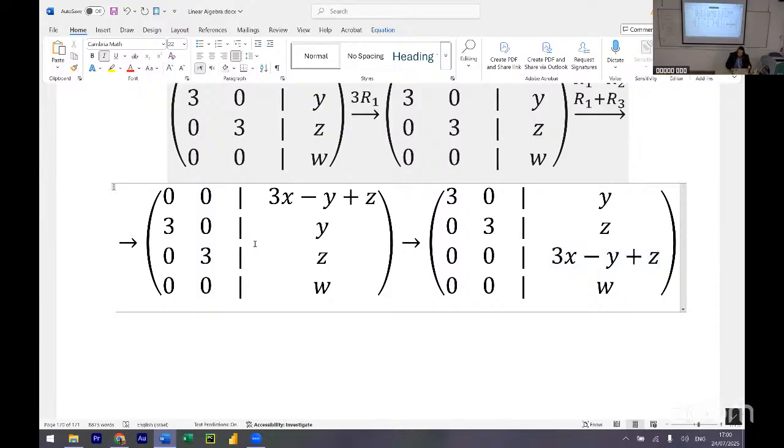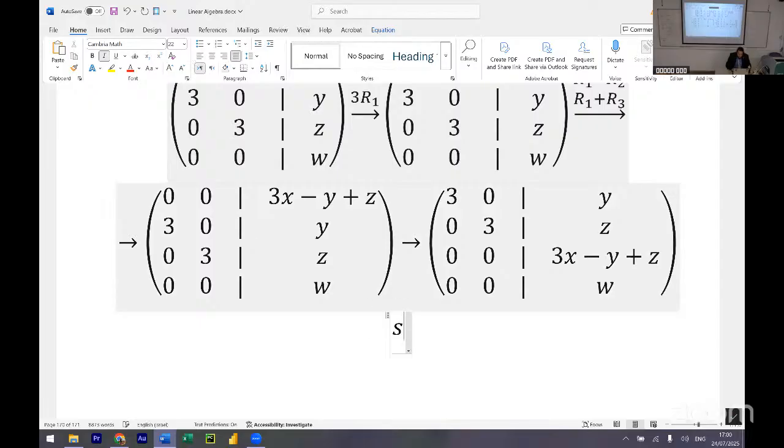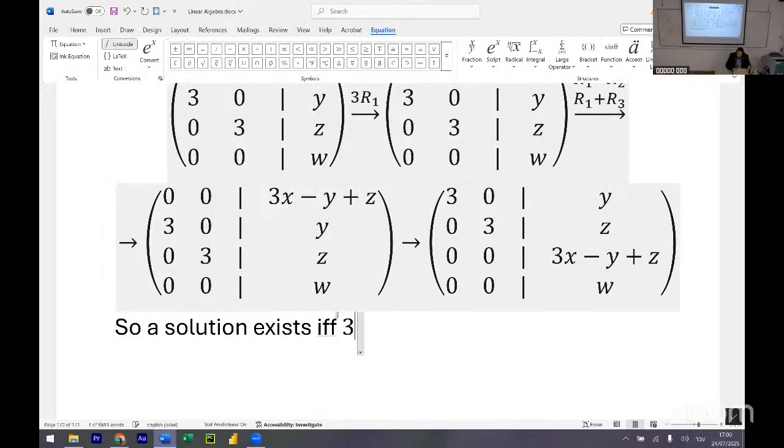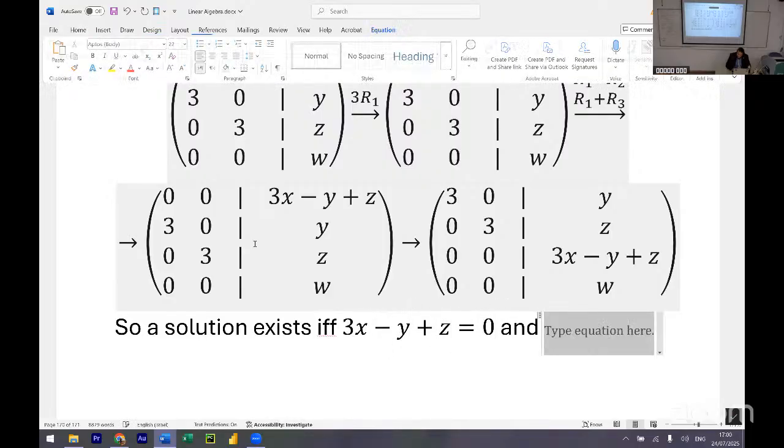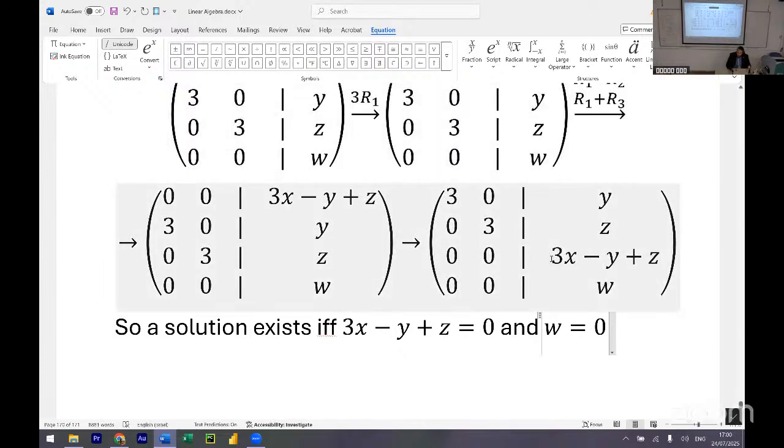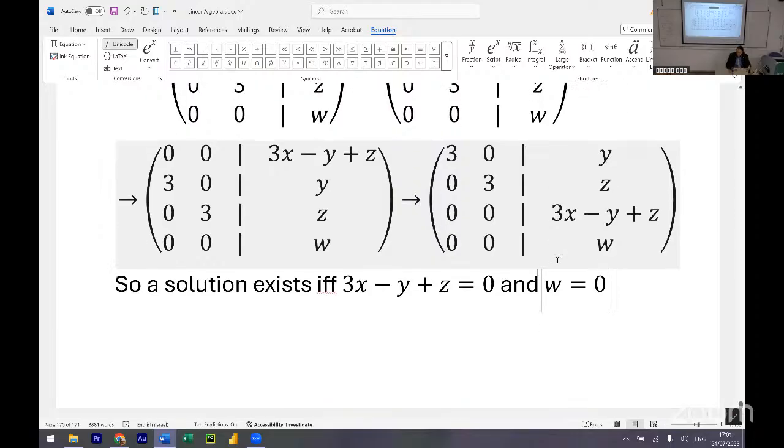So in order for it to be a solution, a solution exists if and only if 3x minus y plus z equals 0 and w equals 0, because then you don't have a contradiction line and you do have an echelon form, meaning a solution exists.